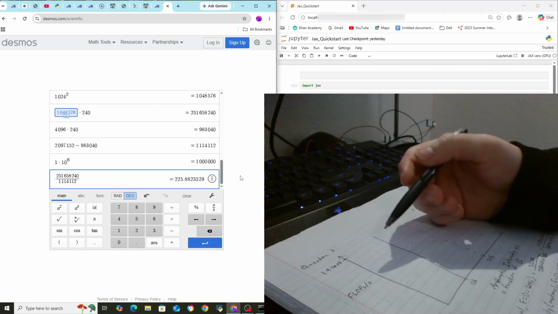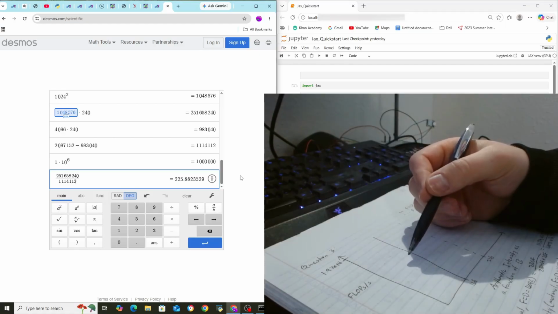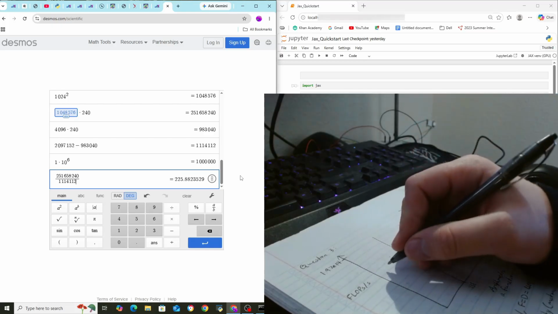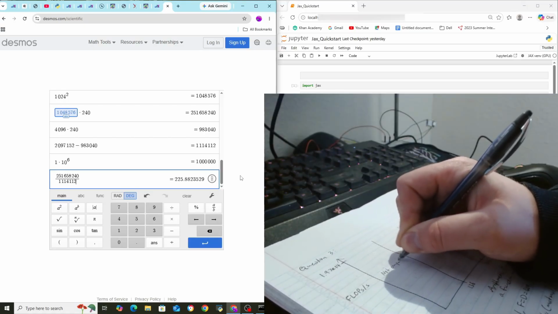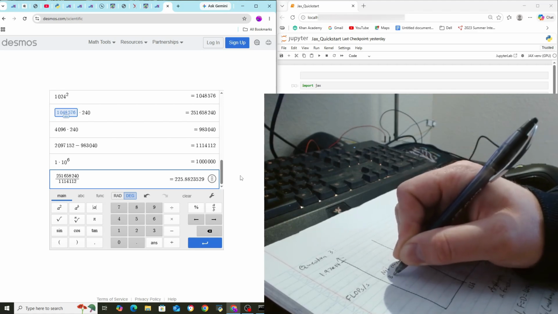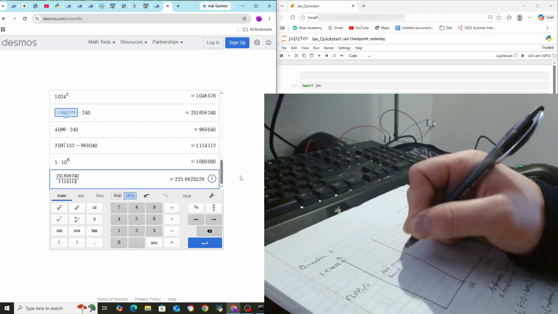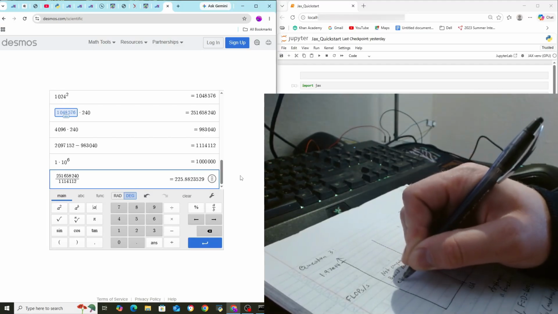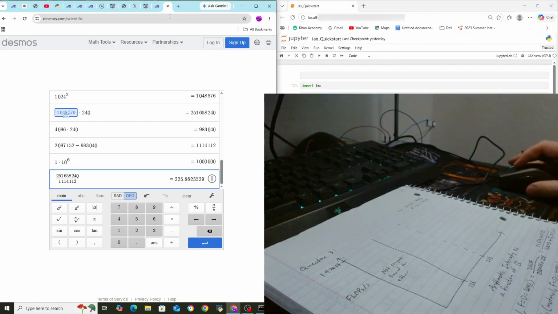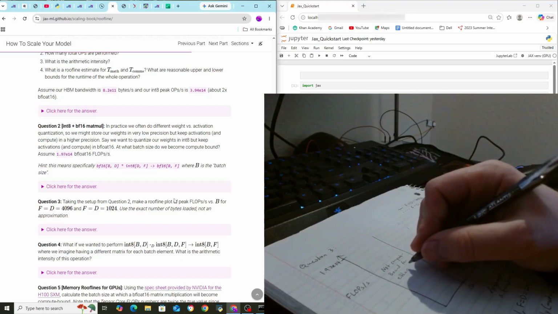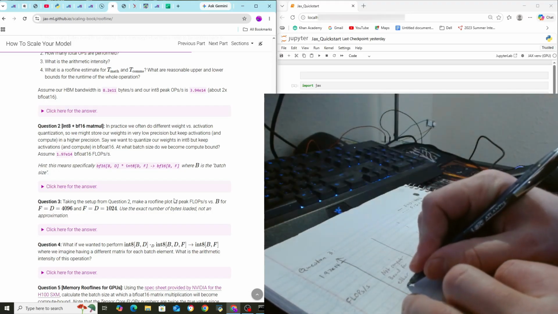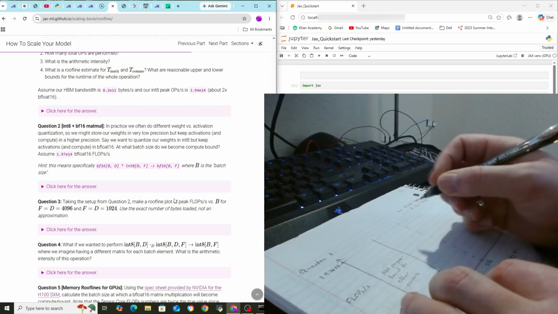So in this region, if we're less than 136 tokens, we're not compute bound for either. For either, what do they call it? Matrix scenario? Sure, let's say scenario.